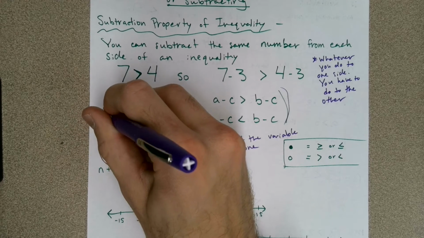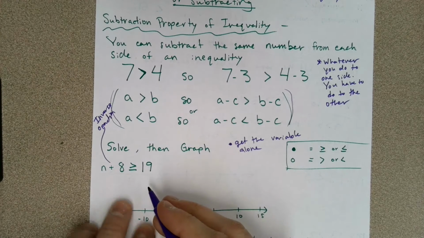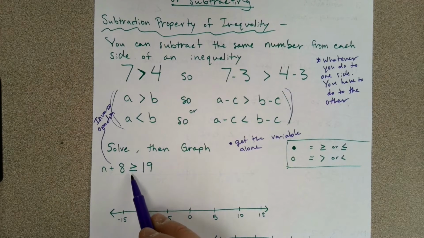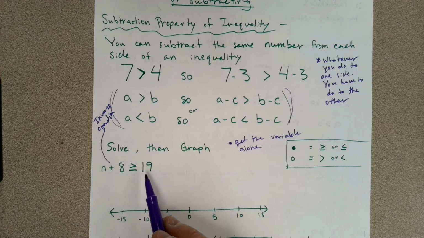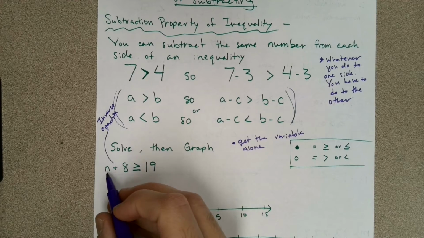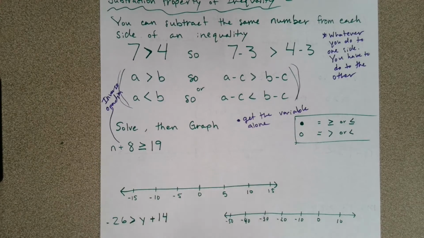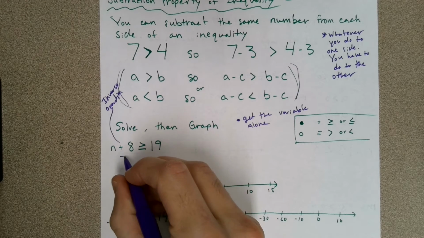Our inverse operations are an operation that undoes a current operation. So looking at this right here, I have n plus 8 is greater than or equal to 19. We're trying to get the variable by itself. We know that variable means the letter. To get that by itself, we have to get rid of this plus 8. The inverse operation of plus 8, you're probably thinking in your head right now, is minus 8.